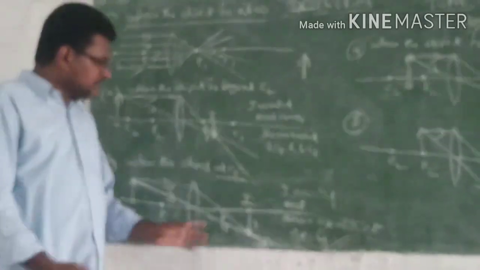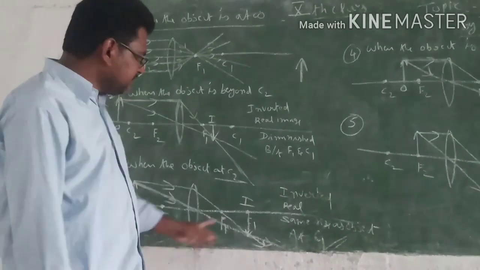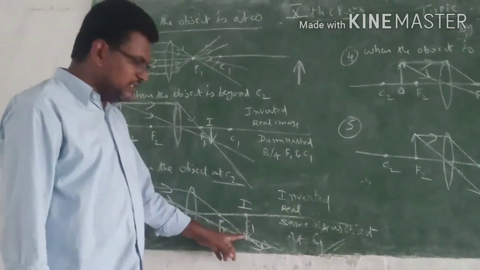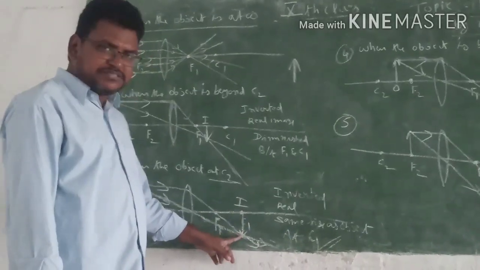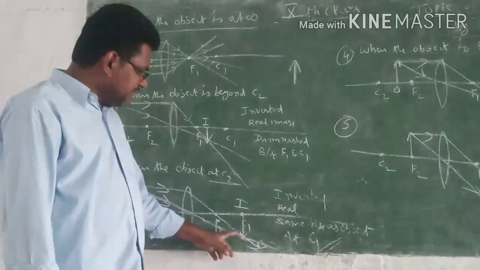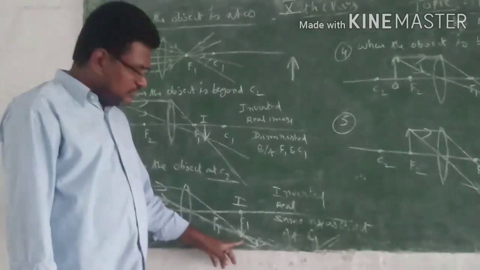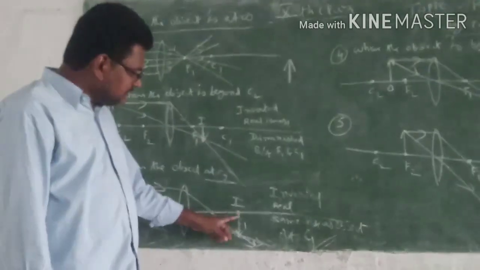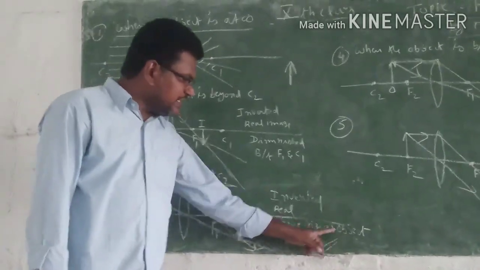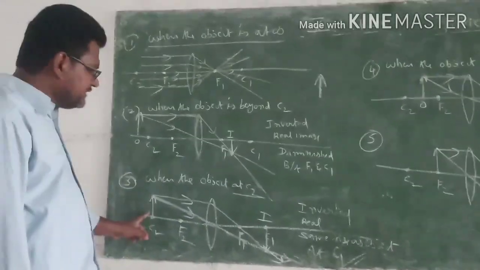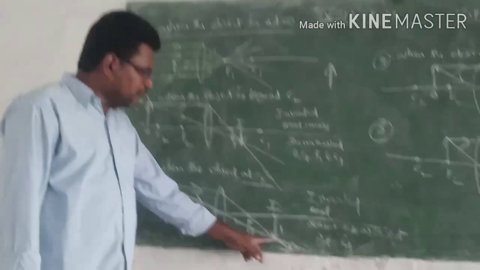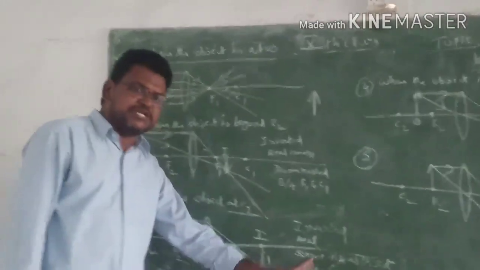Now here, let's see the characteristics of the image. No doubt, it is inverted when compared to the object. It is also a real image because through this image, the actual light rays are passing, and here its size is the same size as the object. The size of the image is the same as the object, and the position is at C1.